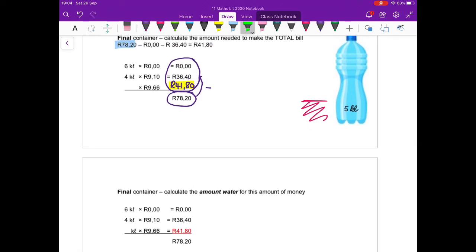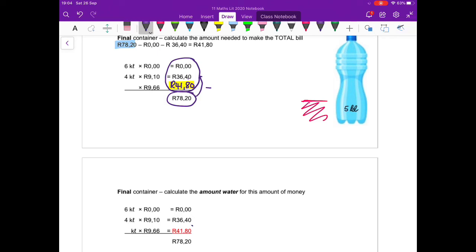The next thing I have to calculate is how many kiloliters I can buy for 41 Rand 80. Now remember, in the previous one, when we were doing the cost, we were saying 4 multiplied by 9 Rand 10 would give you 36.40. So in this case, when we went that way, we multiplied. The inverse operation of multiplication is division.